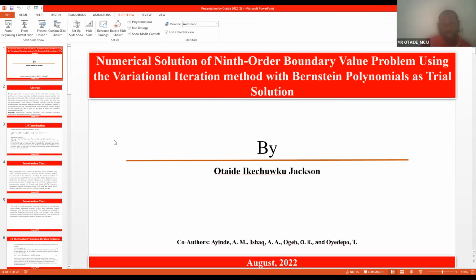Okay, if I may understand the question, you're talking about the running time for both methods. Yes, exactly. Because, according to your accuracy, the error, your method was performing better. But did you also consider the running time, the CPU time, for both techniques? Which of them converges faster?